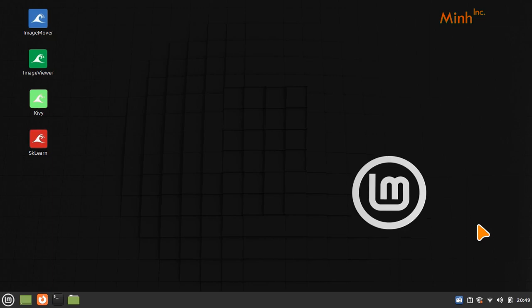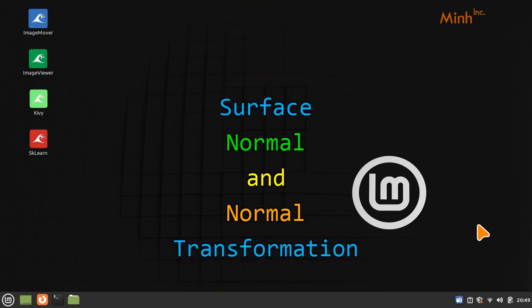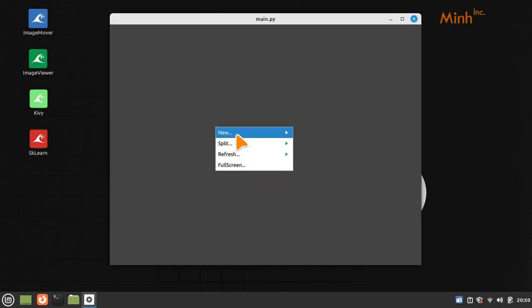Further discussion on the surface and normal, and then surface transformation, normal transformation. Okay, so we'll proceed. So this is Linux Mint.